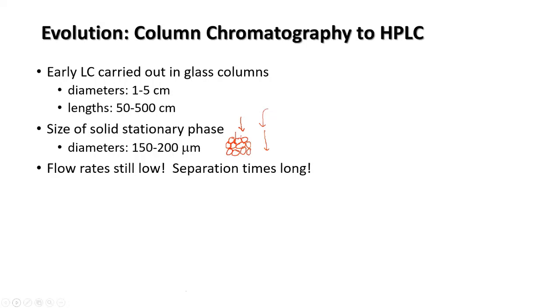But generally we find that it is still a long time taking process, right? If you just allow the solvent to pass along the gravitational force, it takes even more than 2-3 days for separating only 1 gram of compound reaction mixture, right?